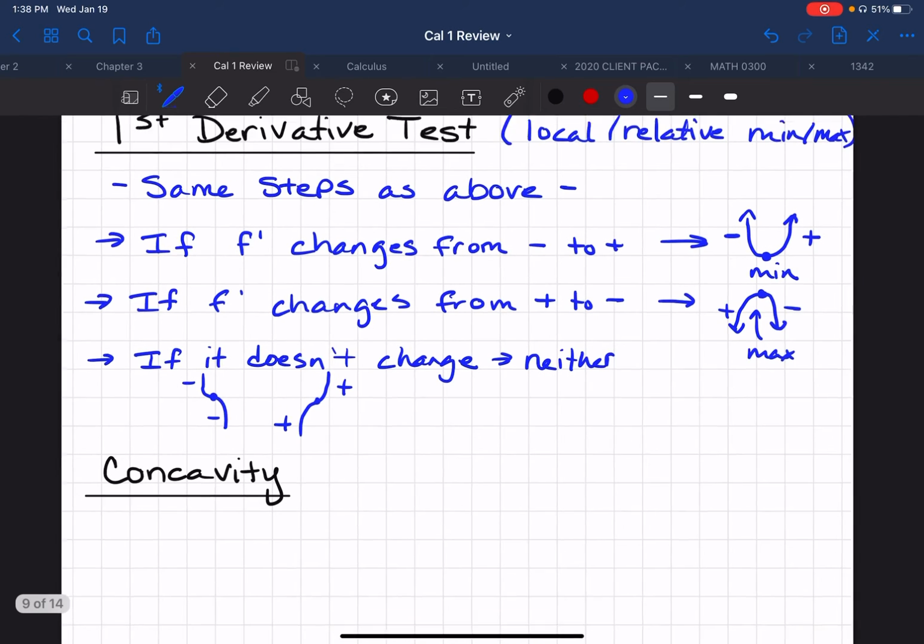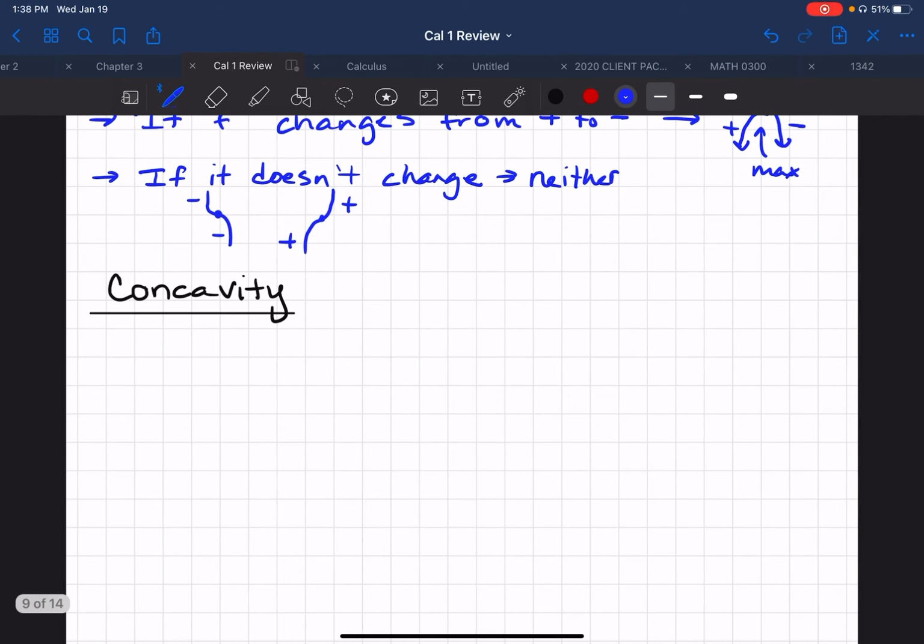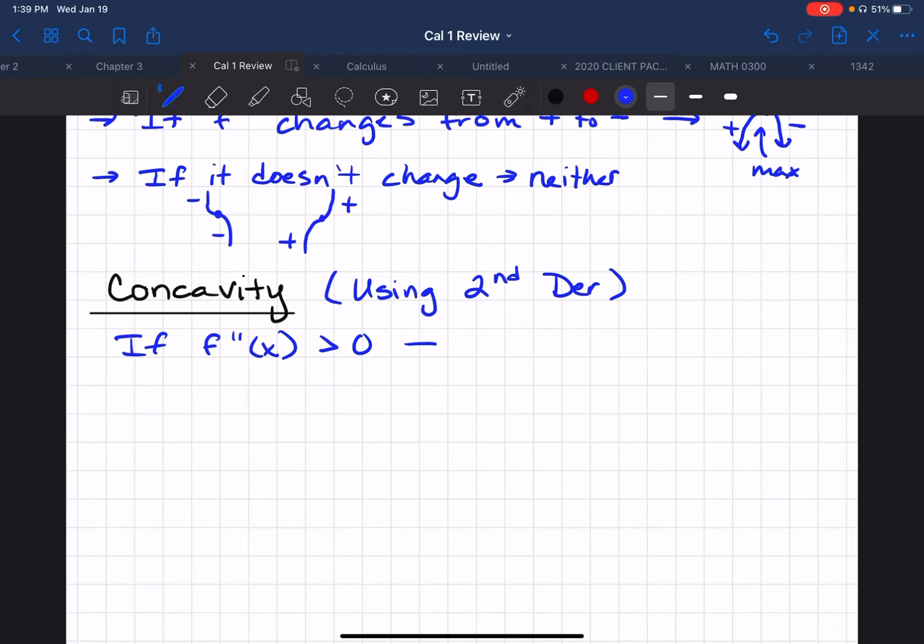Okay, when you're asked about concavity, you're going to use the second derivative. Basically, if the second derivative is greater than 0, then you're concave up, which looks like that, which also means you have a minimum.